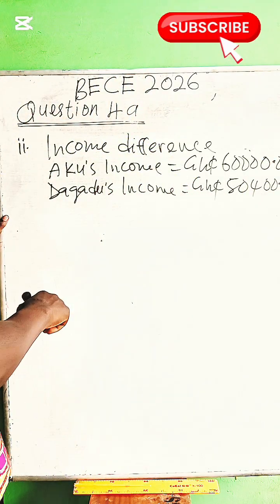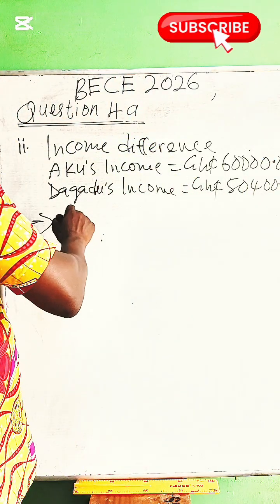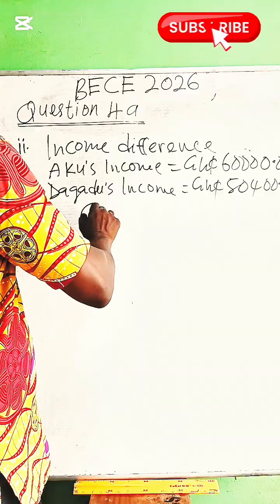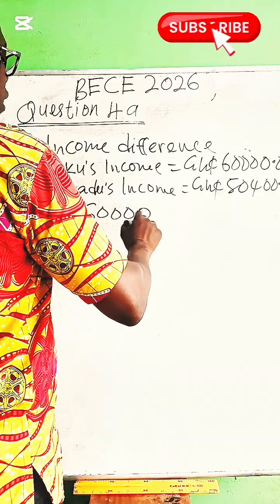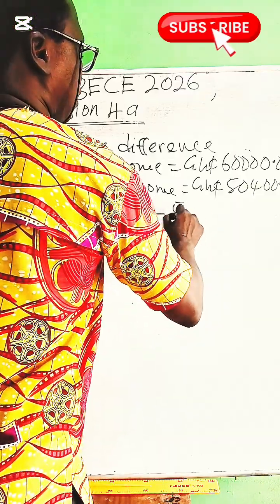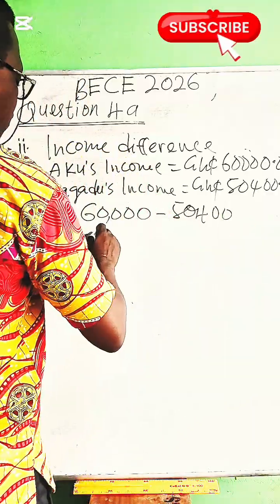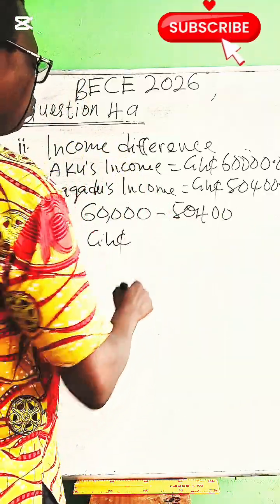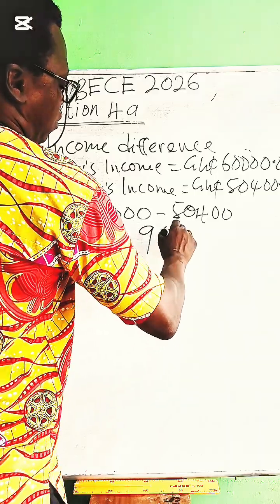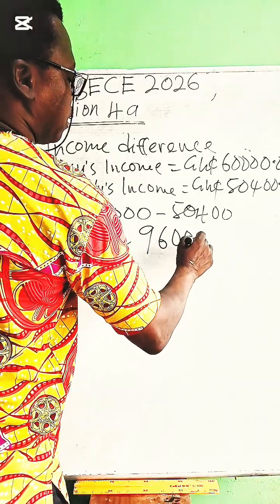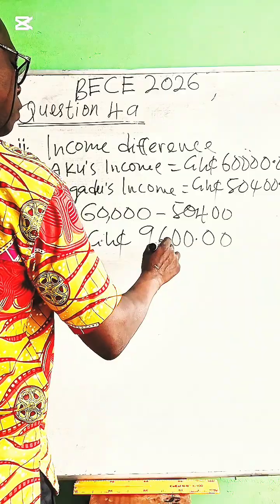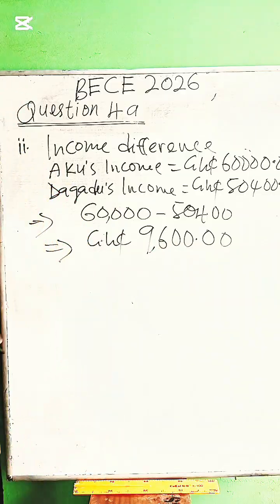Now the difference is 60,000 minus 50,400. This will give me 9,600 Ghana cedis.